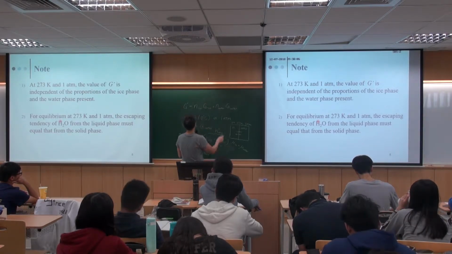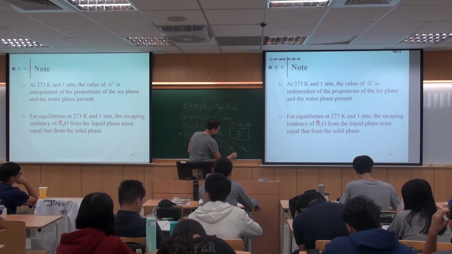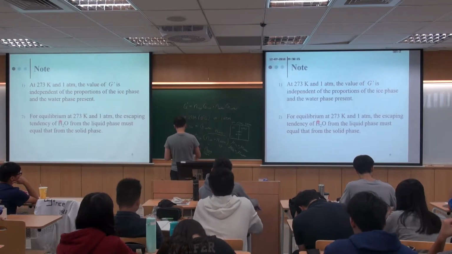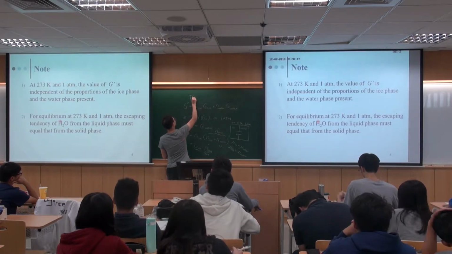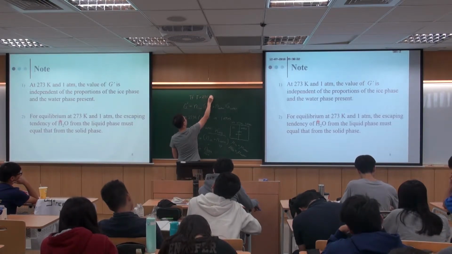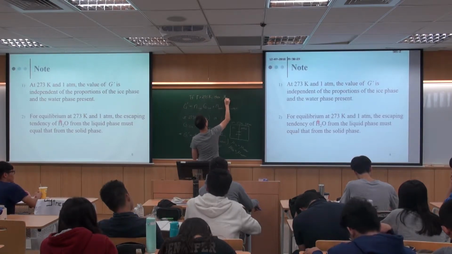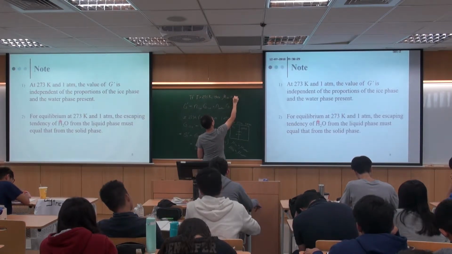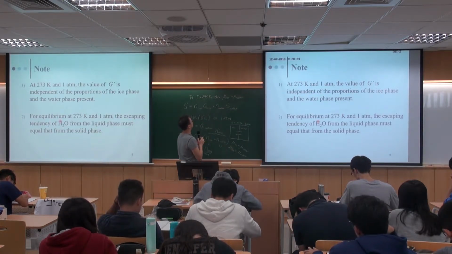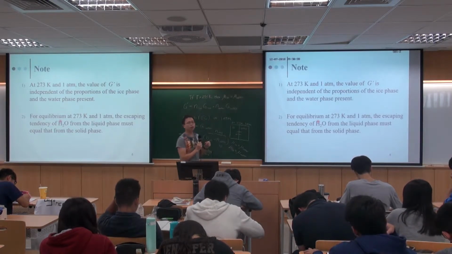In that sense, if you raise the temperature, let's just write over here. So if temperature is greater than 273 Kelvin, then this chemical potential of ice should be greater than that of water, right?